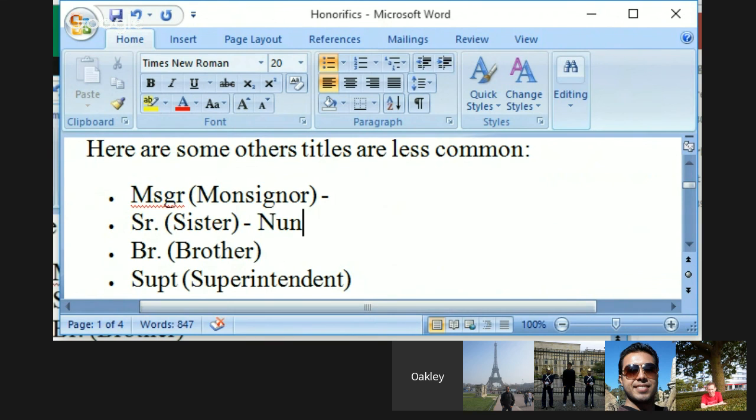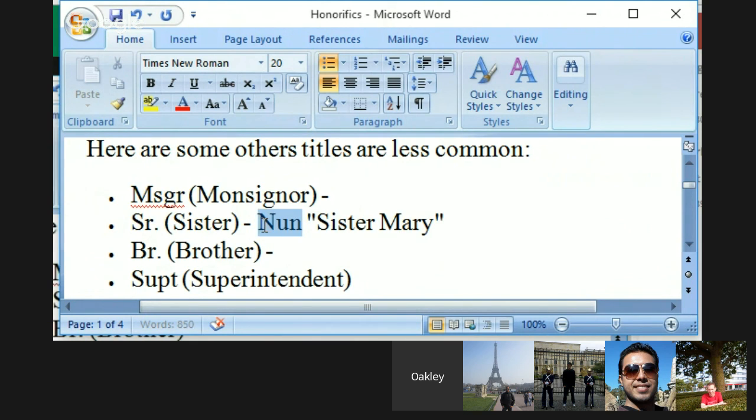In the Catholic religion, there are women who are not called sister, but it's called nun.